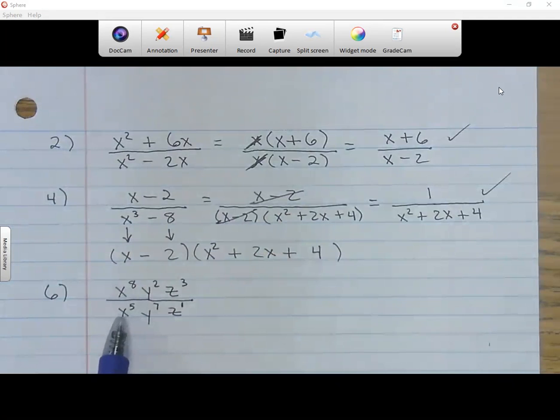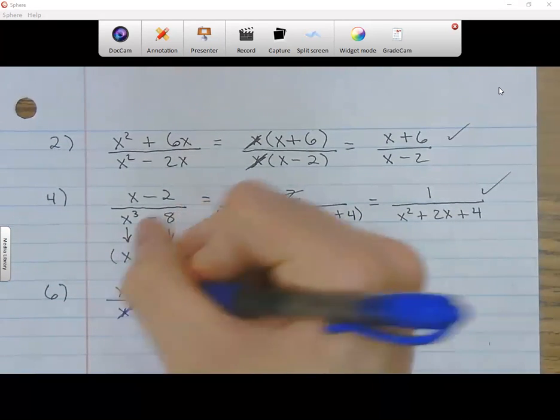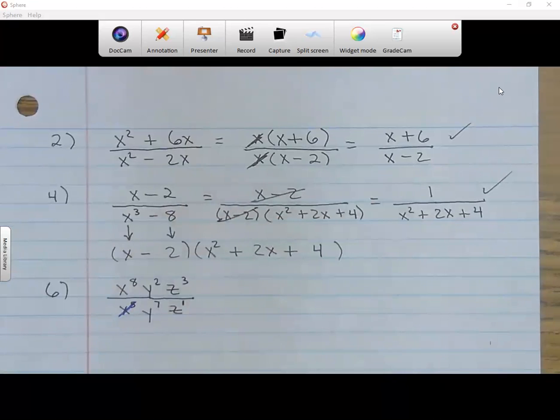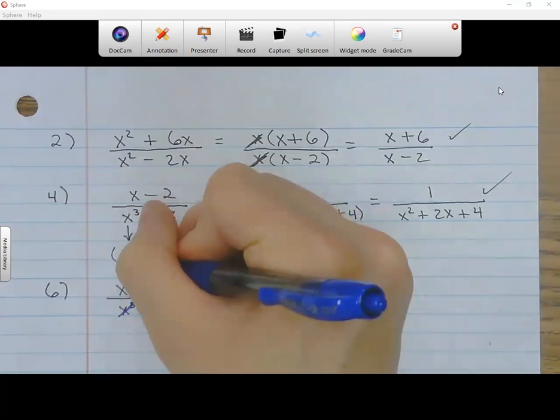I can get rid of 5 x's on the top and bottom. So I can get rid of all 5 x's on the bottom. But if I get rid of all 5 on the bottom, that means I need to get rid of 5 at the top. So if I have 8 x's and I take away 5 of them, how many x's do I have left? Well, 8 minus 5 is 3, right? So I'm going to change this into a 3.